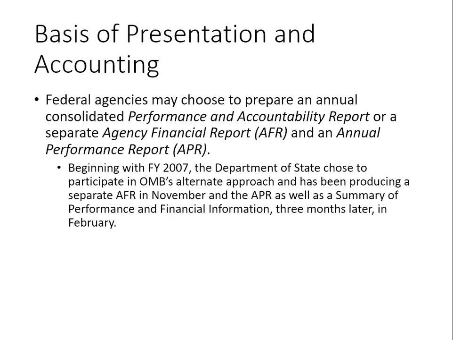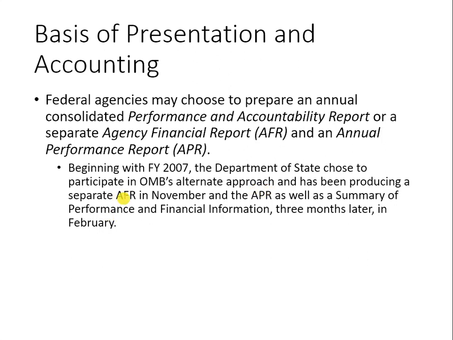In terms of financial reporting, federal agencies may choose to prepare an annual consolidated performance and accountability report, or a separate agency financial report, AFR, and an annual performance report, APR. Beginning with fiscal year 2007, the Department of State chose to use two reports.